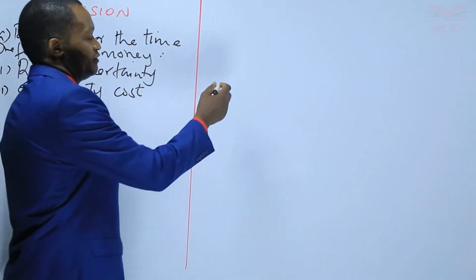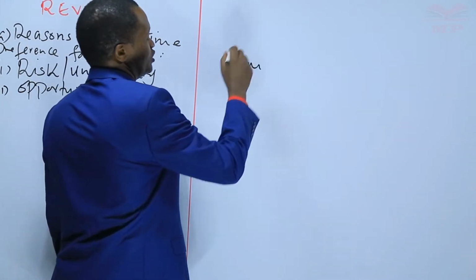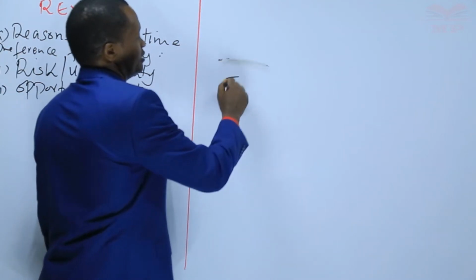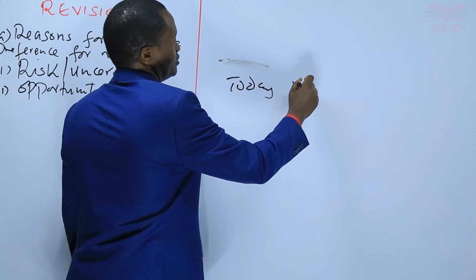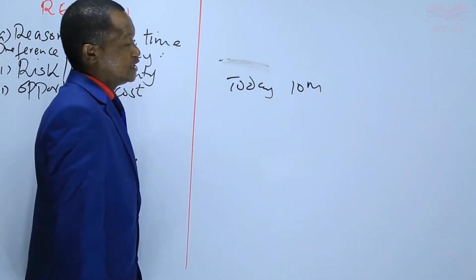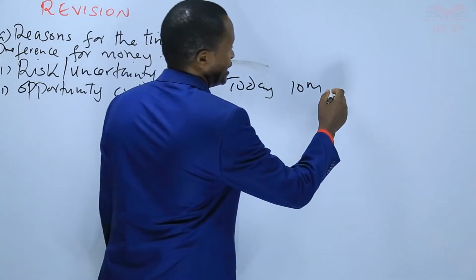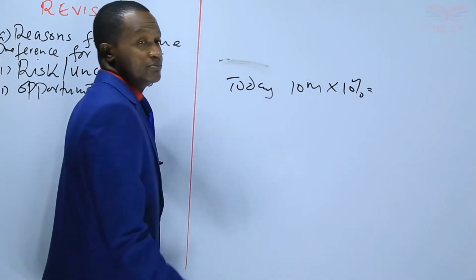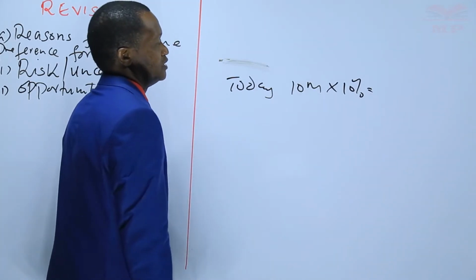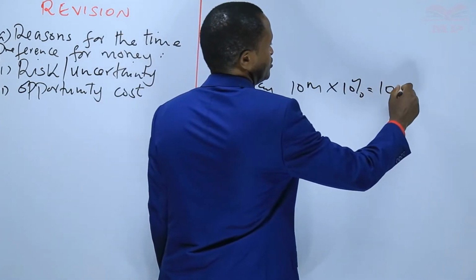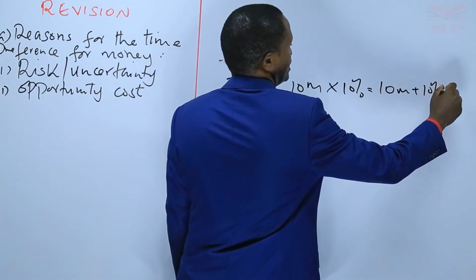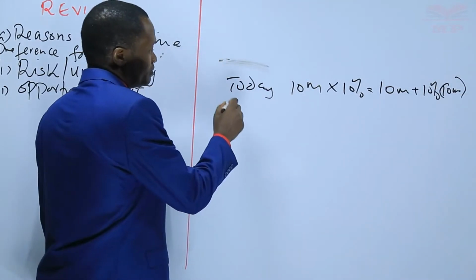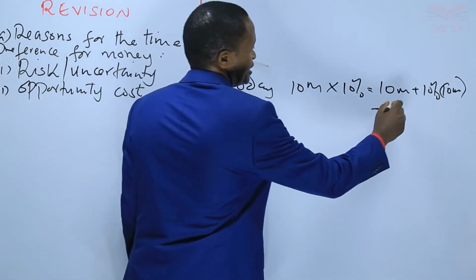So if we have 10 million today, and assuming there is an annual interest of, say, 10%, this money will increase to 10 million plus 10% of 10 million. But if you wait for this money 1 year, you just get 10 million.